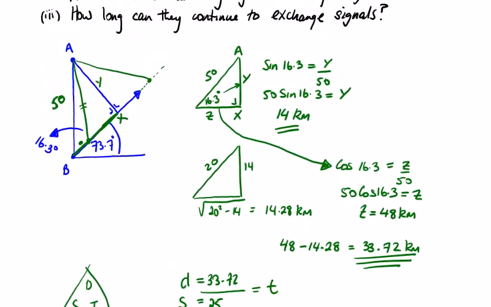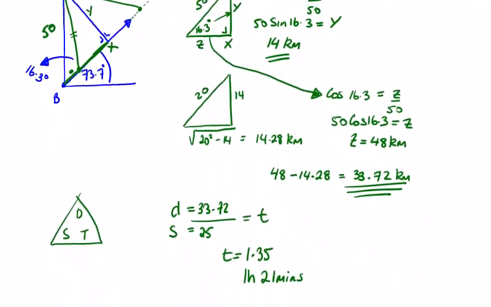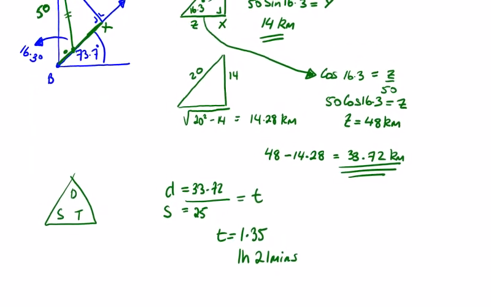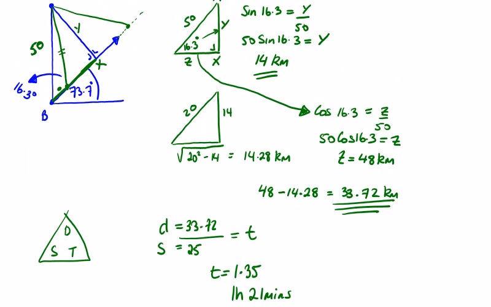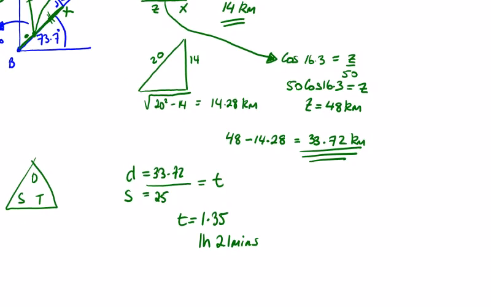And the last part, how long can they continue to exchange signals for? Well, how long more is it from this point over to this point? What did we work that one out to be? We got 14.28 for one of these. So we're multiplying 14.28 by 2, which gives us 28.56 kilometers that they can exchange signals for.